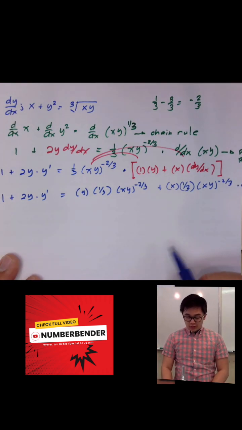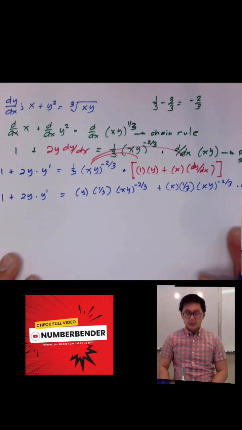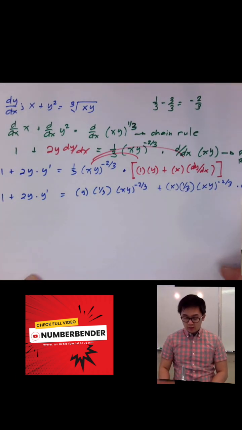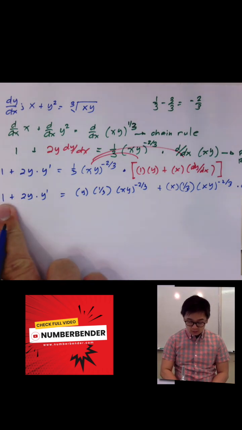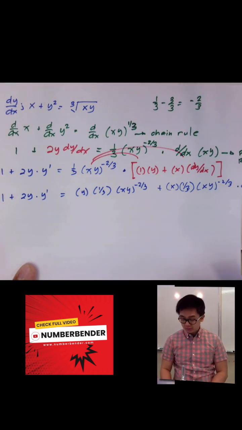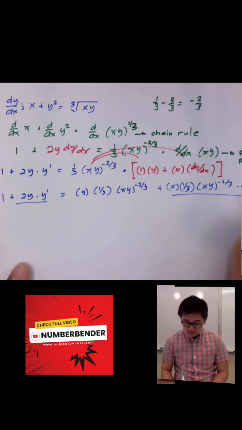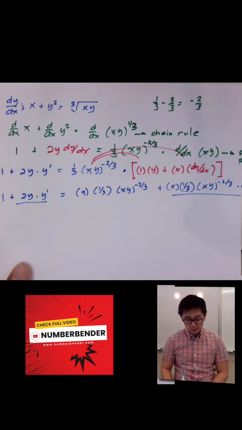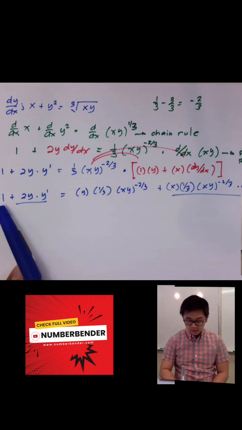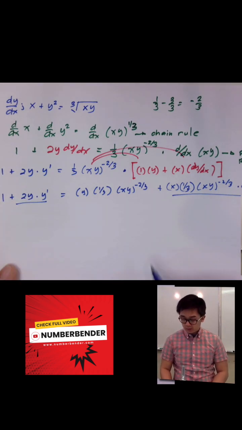Alright, so now that I have separated all my terms, I have 1, 2, 3, 4 terms. I know that I'm going to be grouping this and this on this side of the equation, and my plan is to get rid of 1 right here and put it on the other side of my equation.